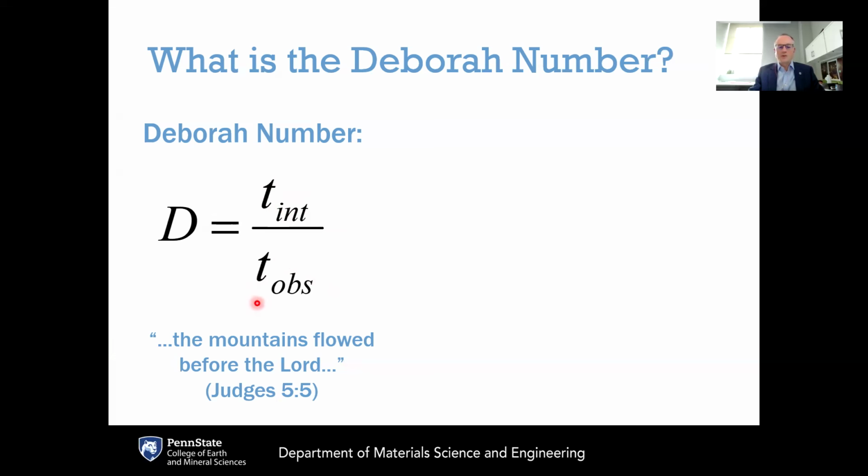The time scale in which we're hiking on a mountain or skiing on a mountain is maybe minutes, hours, days. And so this number in the denominator is much smaller compared to the time scale over which the process actually occurs. So as a result, we have a large number divided by a small number. So the Deborah number in that case is a very large number.